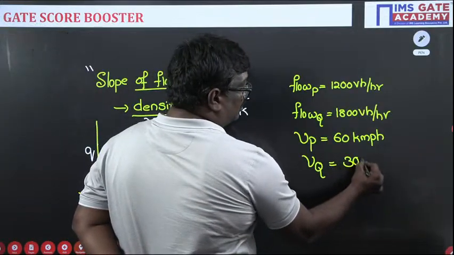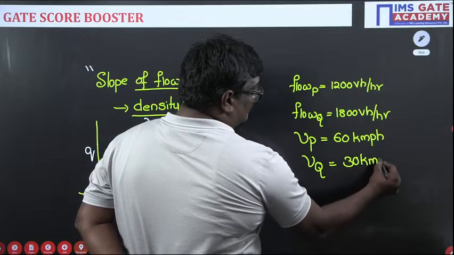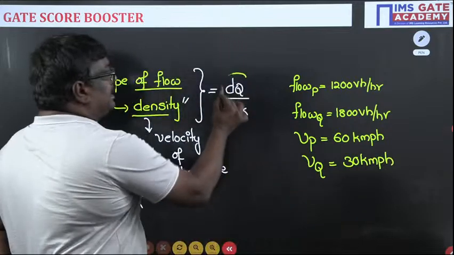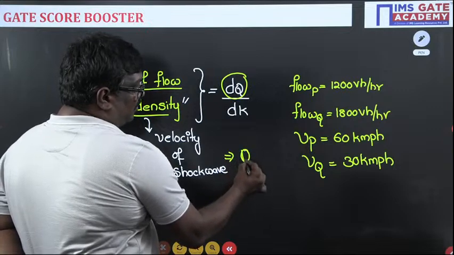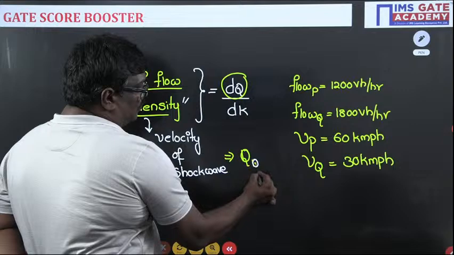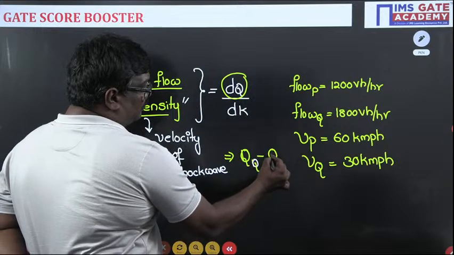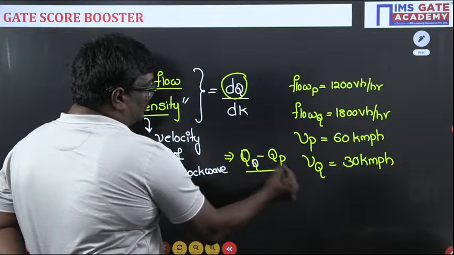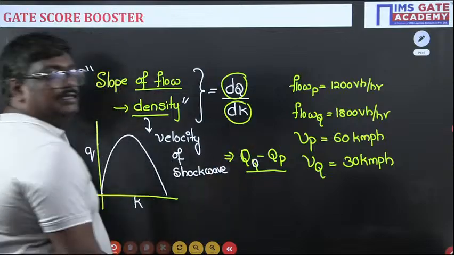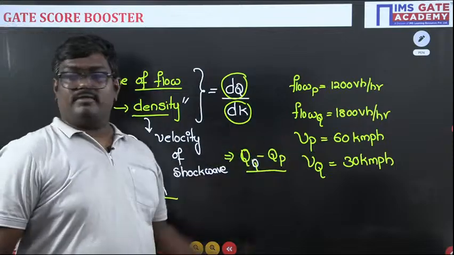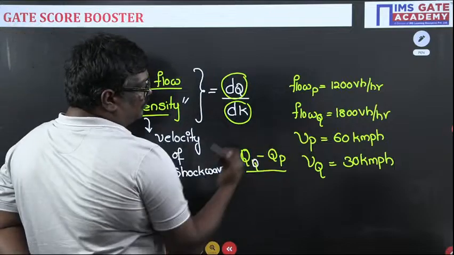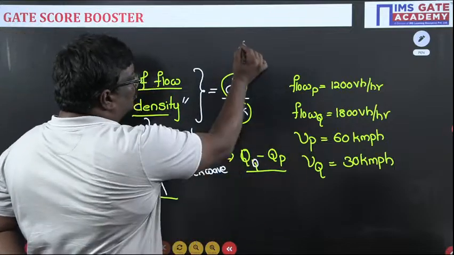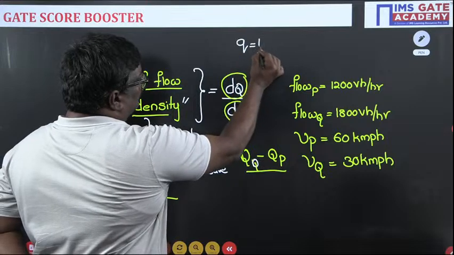Now see students, what will be the dq? It is nothing but flow of Q minus flow of P upon, how do you get density here? So you know the velocities, so you can directly take Q upon V because you know Q is equal to KV.